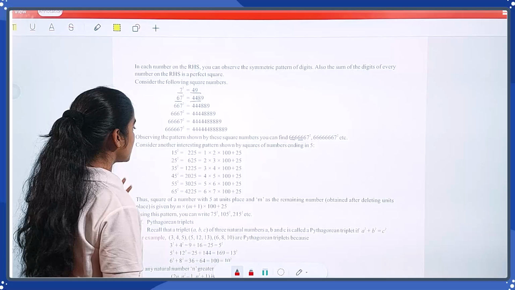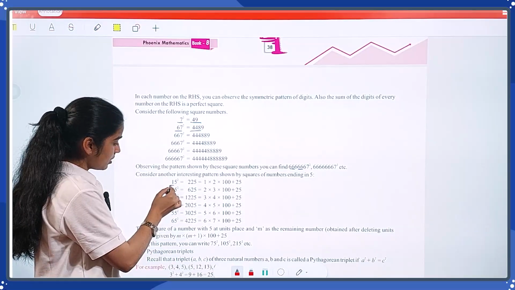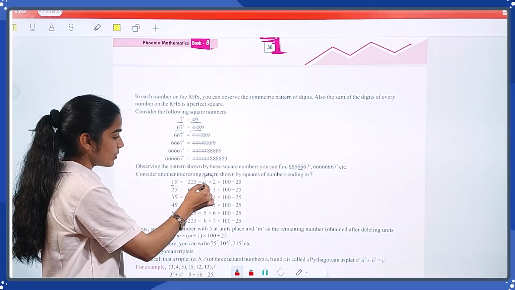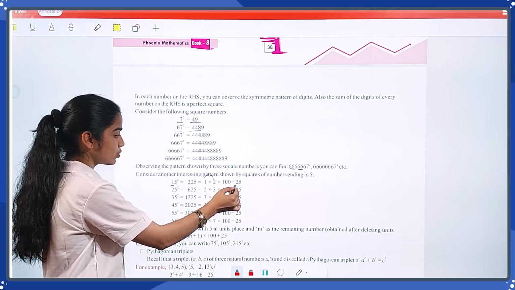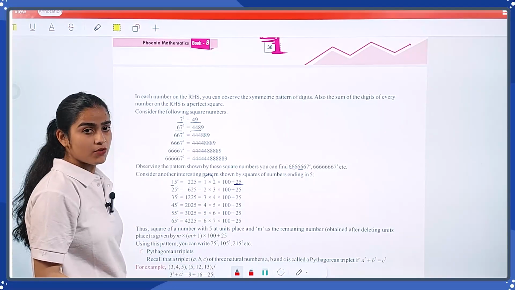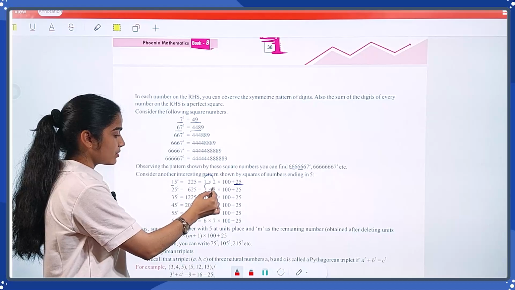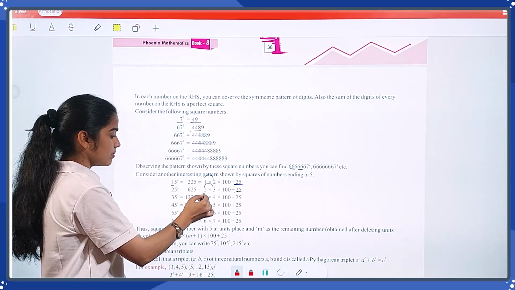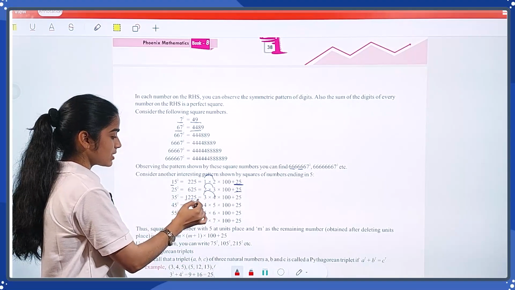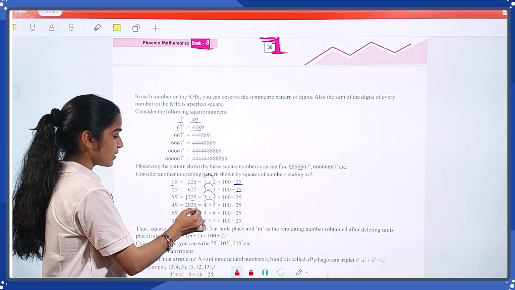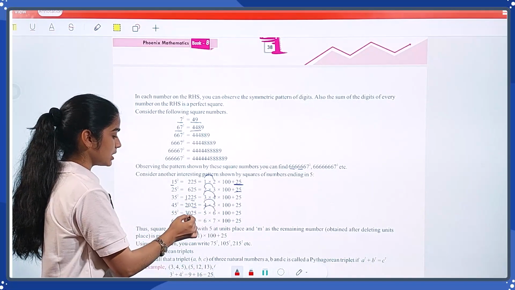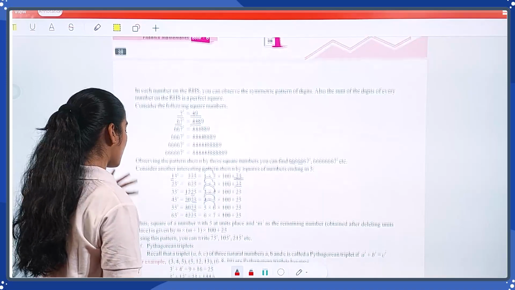So you can see, if we have 1, what comes after 1 is 2. So 1 multiplied by 2 is 2, and the suffix is always the same. 2 multiplied by 3 is 6, 25. 3 multiplied by 4 is 12, 25 is the same. 4 multiplied by 5 is 20, 25 is the same. 5 multiplied by 6 is 30, 25 is the same. In that manner, you have to solve it.